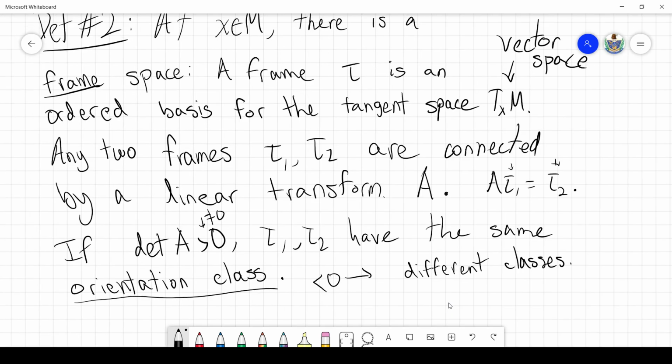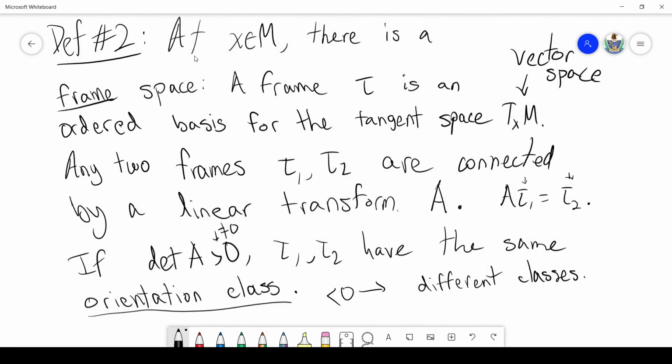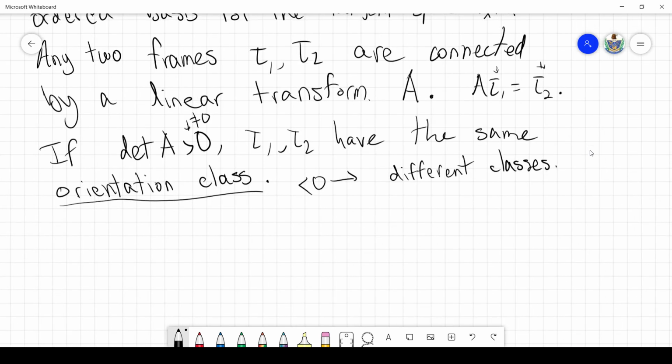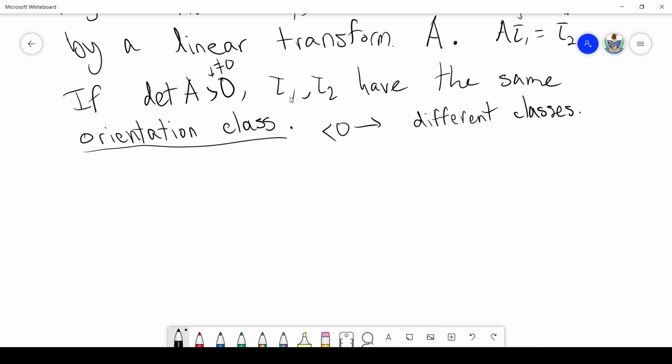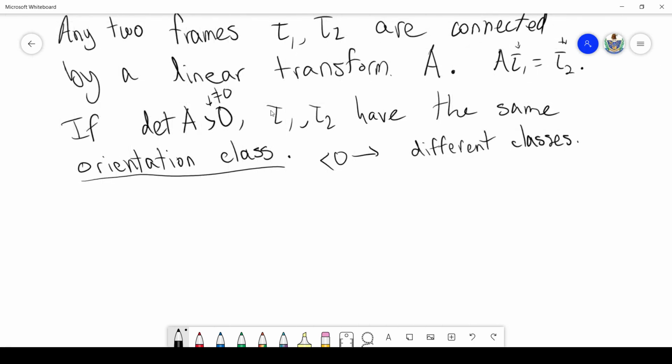Okay, so here we've defined the frame space at a point. We have different bases for the tangent space, and we can take two bases and say, okay, they either have the same orientation class or they have different orientation classes.